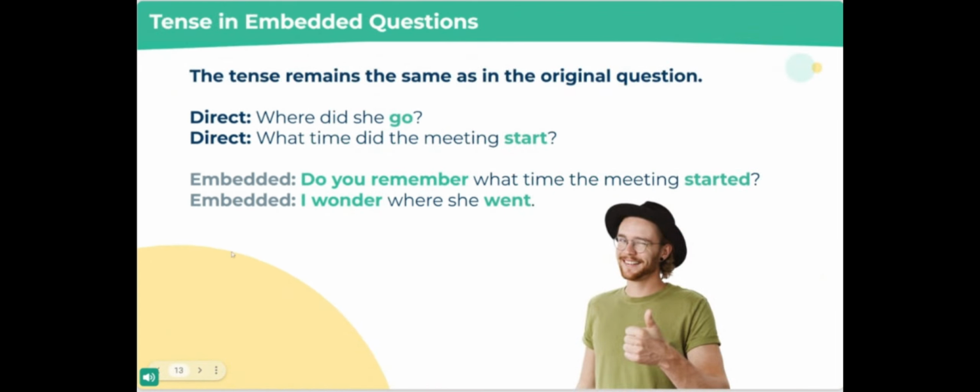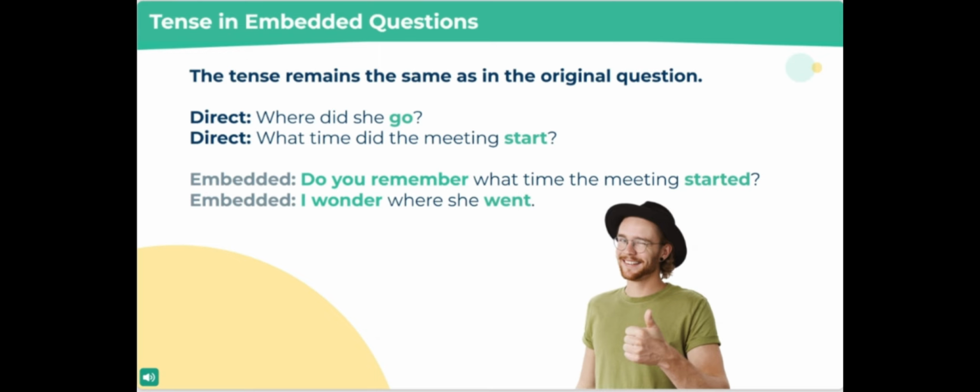Let's think a little bit about tenses and tense use in embedded questions. So the tense remains the same as in the original question. Where did she go? What time did the meeting start? This is in the past simple.